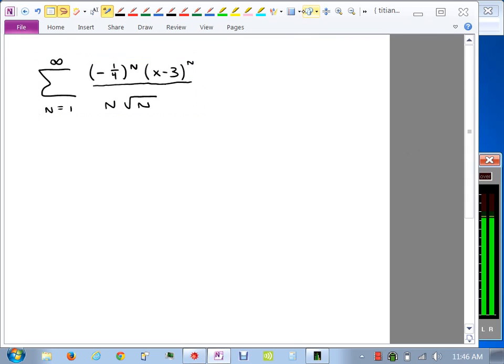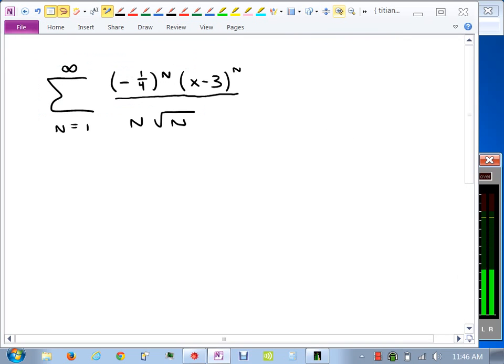What's different about what I'm asking now is that we are still going to do ratio tests. We're still going to do all that. But at the end, we're going to need to know what capital R is, and we're going to need to know what the interval is. Yes. And the endpoints. These will always converge? I don't know. It'll depend. We're about to see.